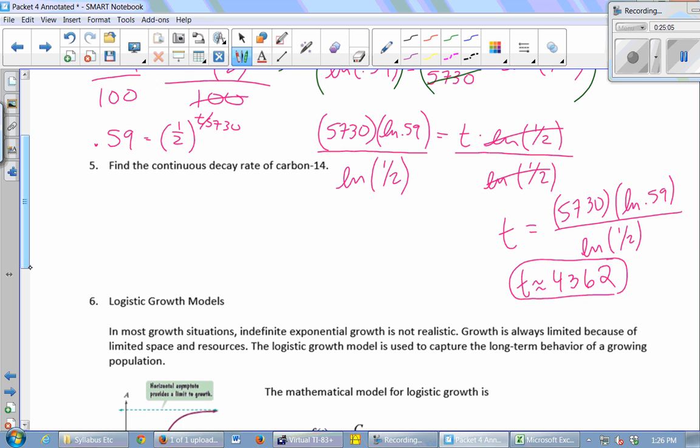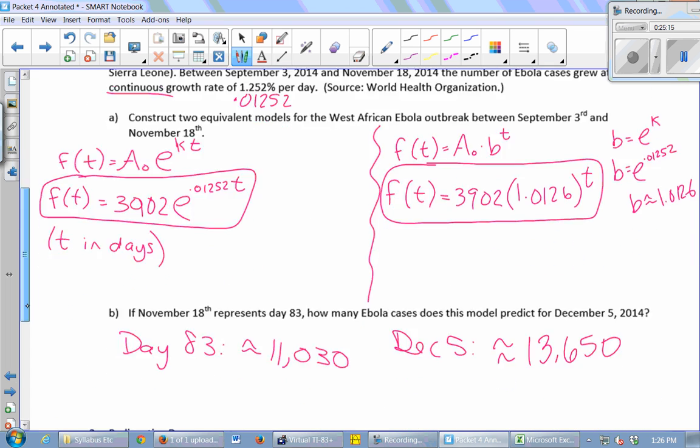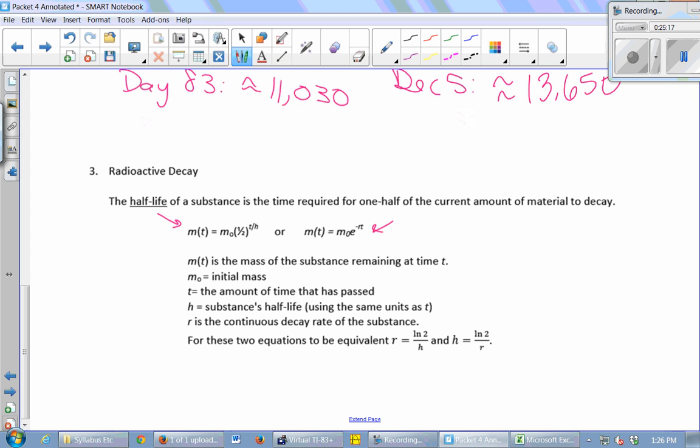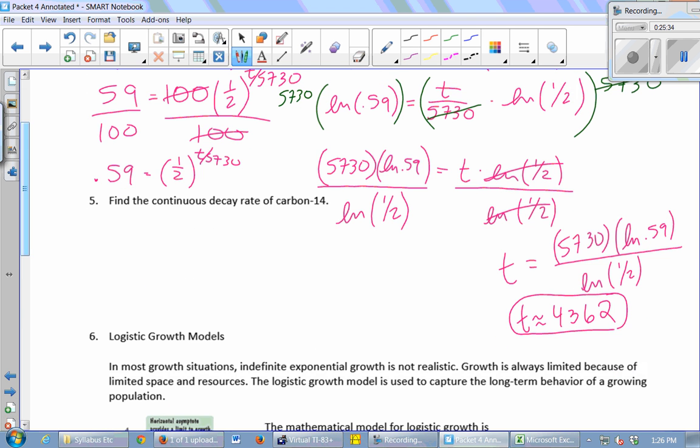All right. If I wanted to know the continuous decay rate of carbon-14, they gave me the half-life, right? And I have formulas that relate continuous decay rate to half-life, right? So I have half-life. I would like to know continuous decay rate, R. So R is just the ln of 2 divided by the half-life. So my continuous decay rate is just going to be ln of 2 divided by 5,730.